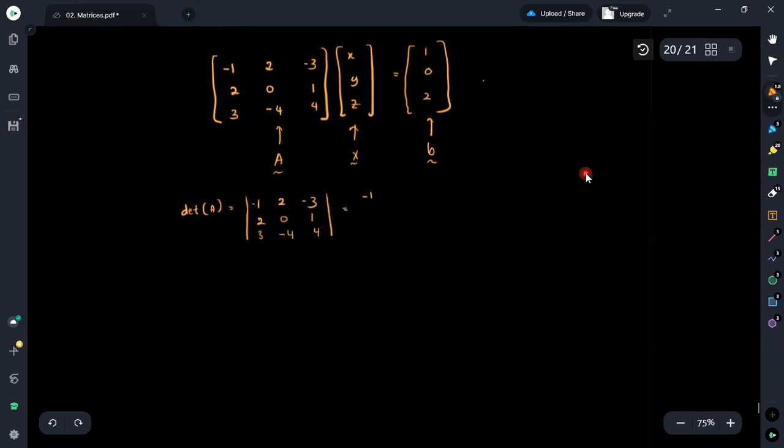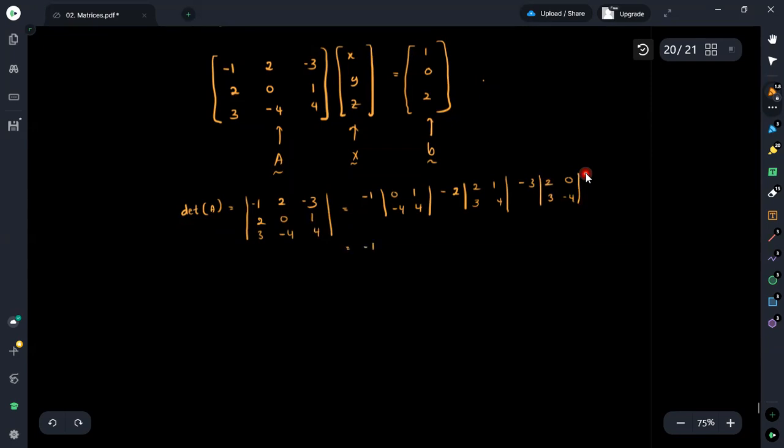It is -1 times the minor with 0, 1, -4, and 4. Then connected with a minus sign, it is -2 times the minor with 2, 1, 3, and 4. Then plus with minus, it is again -3 times the minor with 2, 0, 3, and 4. This is how we are getting the values.